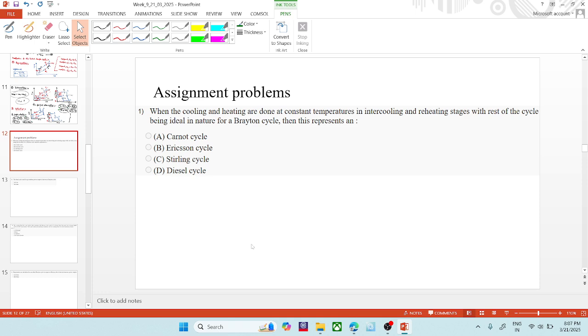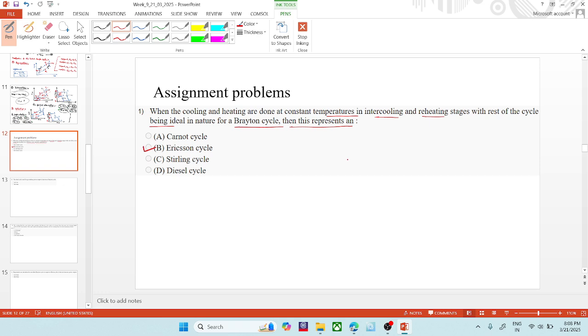Okay, so the assignment problems are like this. This first problem is saying, when the cooling and heating are done at constant temperatures, and intercooling and reheating stages with the rest of the cycle being ideal in nature for the Brayton cycle, then this representation represents the Ericsson cycle.